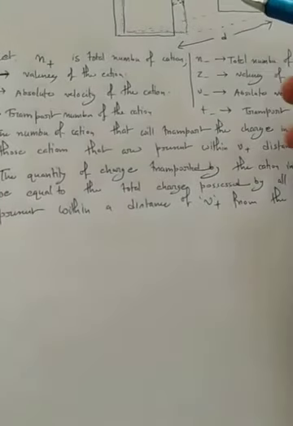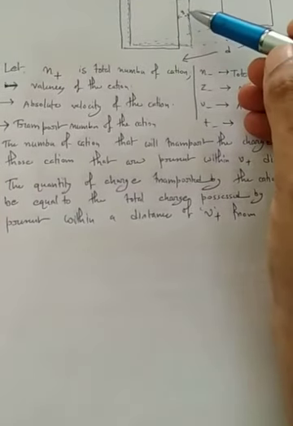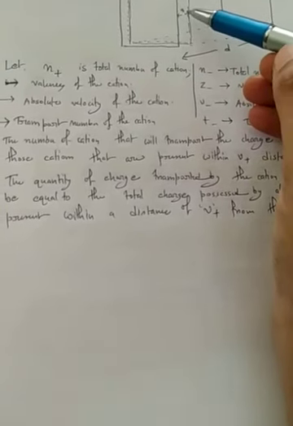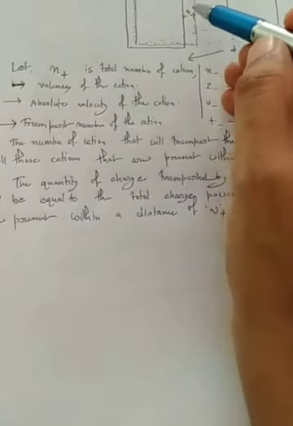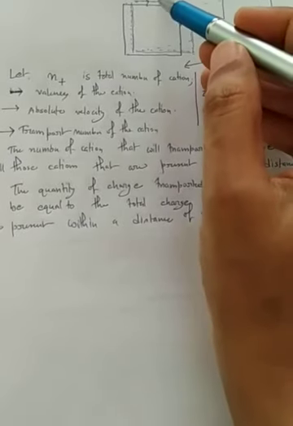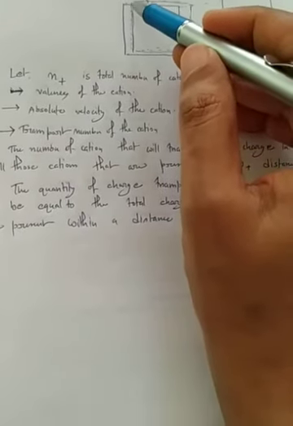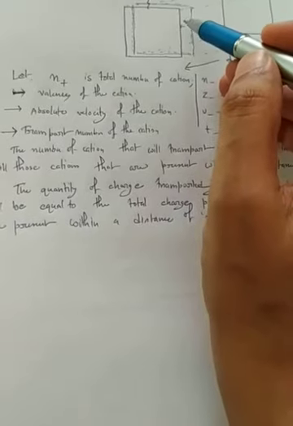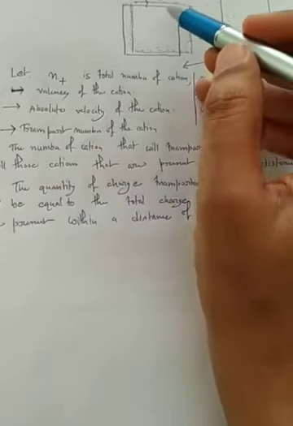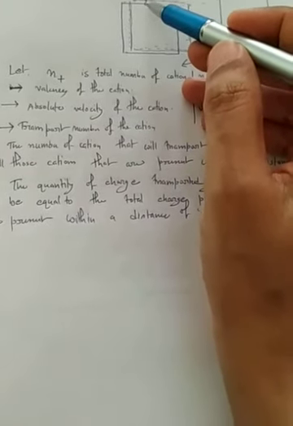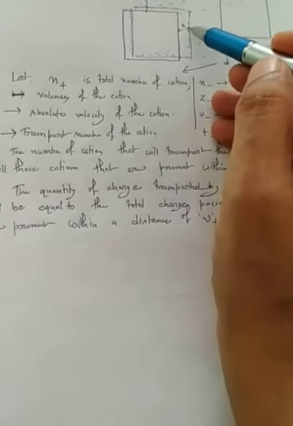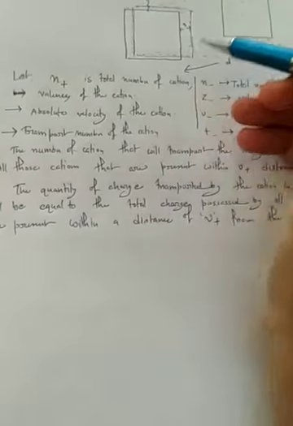That means in 1 second, the total charge carried by the cation to the cathode is equal to all the charge possessed by the cations present within this particular zone, between the cathode and a hypothetical plane which is V plus distance away from the cathode.